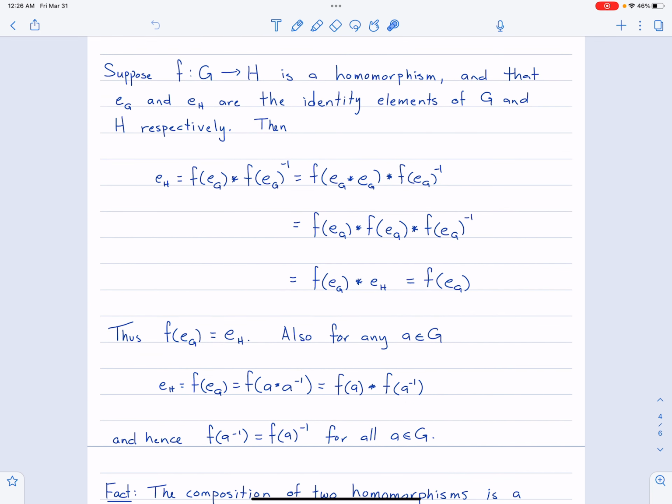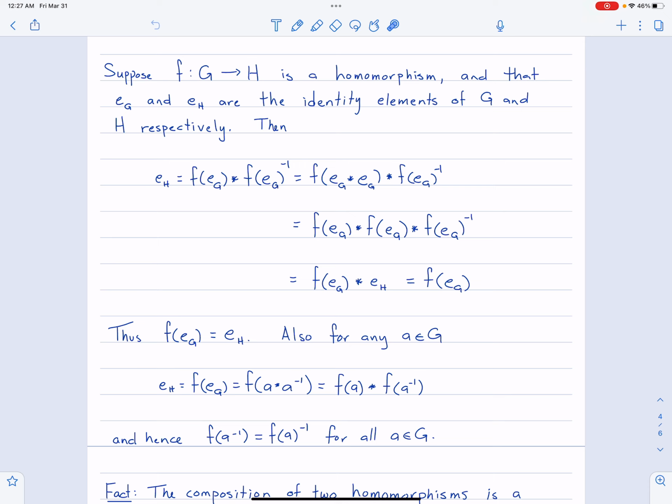It tells me that f of a times f of a inverse is equal to the identity, but that tells me that this is equal to the inverse of this. Or in other words, f of a inverse is equal to f of a, inverse. Because when I take this thing and multiply it by this thing, I just get the identity element.